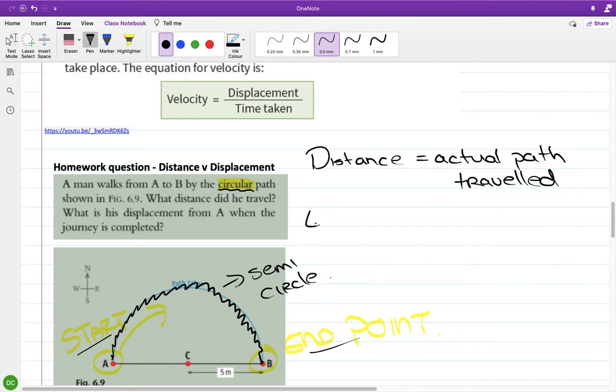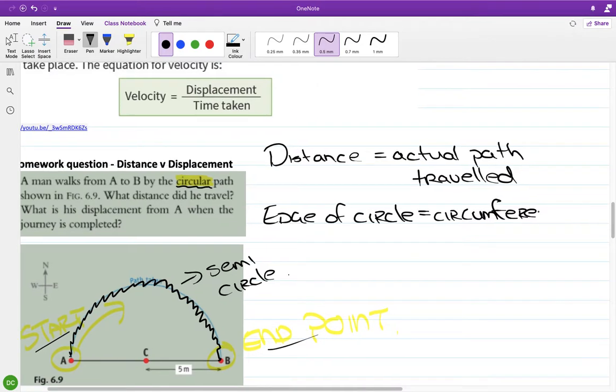If you want to figure out the length of the edge of any circle, that has a special name, which is the circumference, which I think I mentioned in the voice note on Schoology. The way you figure out the circumference of a circle is using the formula 2 pi r. Okay?